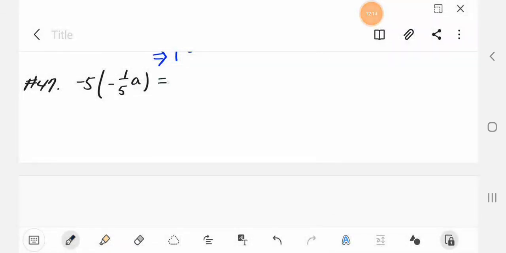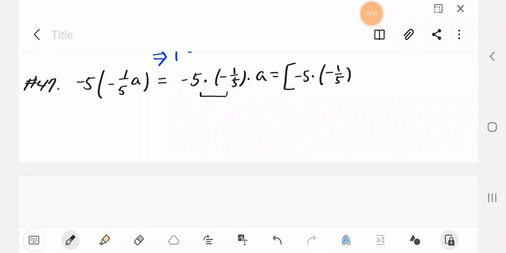Okay, so let's simplify this expression: negative 5 times negative 1 over 5 times a. Let's put this one together: negative 5 times negative 1 over 5 a. Then these two numbers are reciprocals of each other, right?